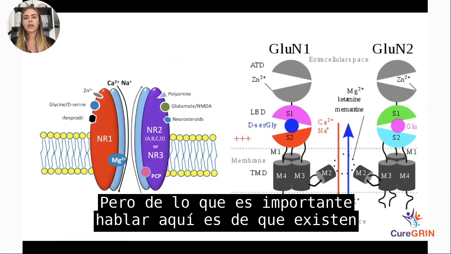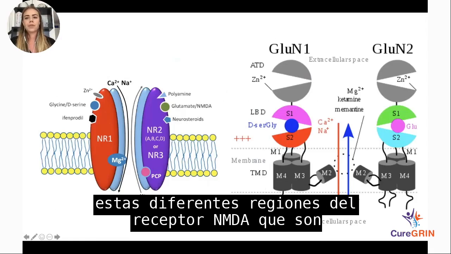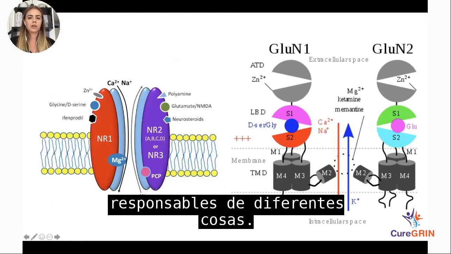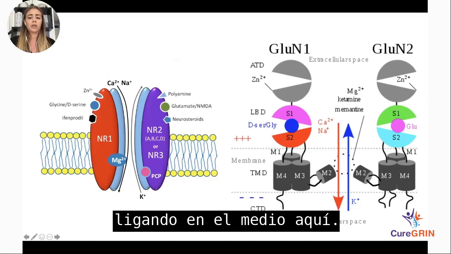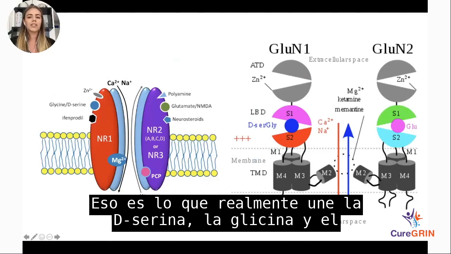It gets really complicated. But what is important to talk about here is that there are these different regions of the NMDA receptor that are responsible for different things. So this ligand binding domain in the middle here, that's what actually binds the D-serine and the glycine and the glutamate.